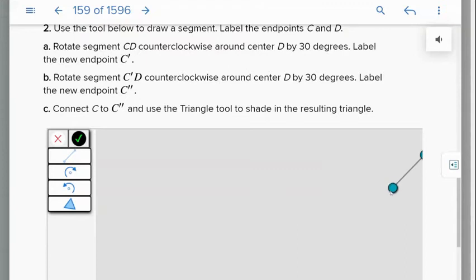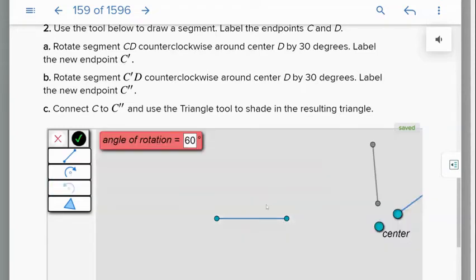So we're going to be doing something similar, I think. So here's C. Here's D. They say rotate the segment CD counterclockwise, reverse of a clock, around center D by 30 degrees. Okay, so the right one is D, the right point.